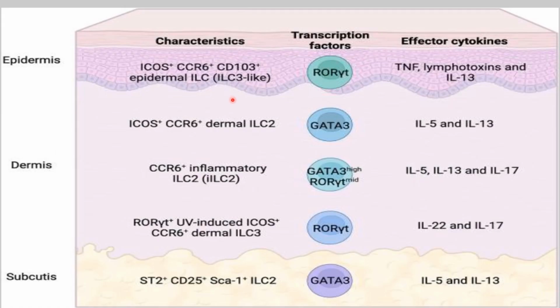This diagram shows us clearly the extent of heterogeneity of innate lymphoid cells type 2 through the different layers of the skin. So innate lymphoid cells type 2 sometimes get characters from innate lymphoid cells type 3, and also they express their transcription factor, retinoic acid receptor gamma T, sometimes through their plasticity and their acquiring characters from each other.